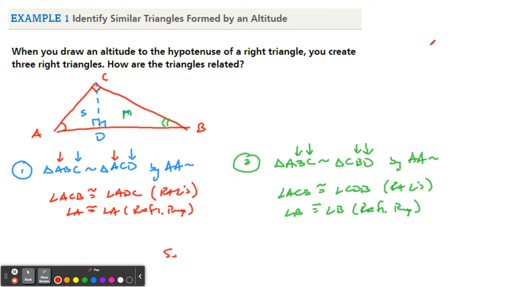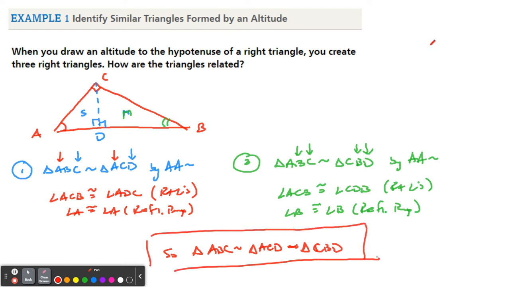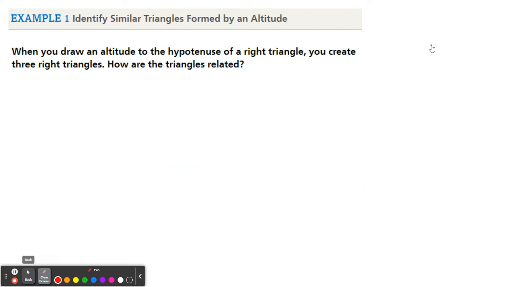So we know that triangle ABC is similar to triangle ACD is similar to triangle CBD. So in this one picture, there are tons of relationships going on, especially between corresponding sides, because we know in similar figures, corresponding sides are proportional, and we can do a lot of fun proportional work with them.